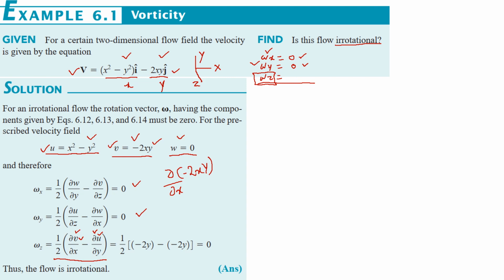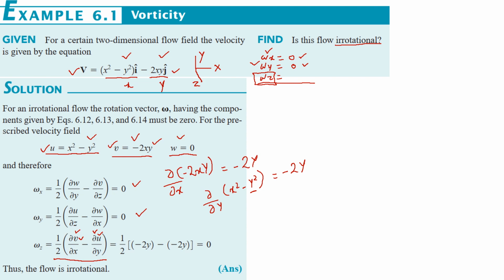What we get from this derivative is minus 2y. Similarly, we take the partial over partial y of x square minus y square. The partial over partial y of x square comes out to be 0, so we only derive the other term, and the partial over partial y of minus y square comes out to be minus 2y.